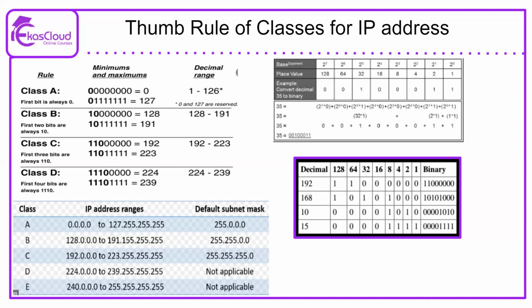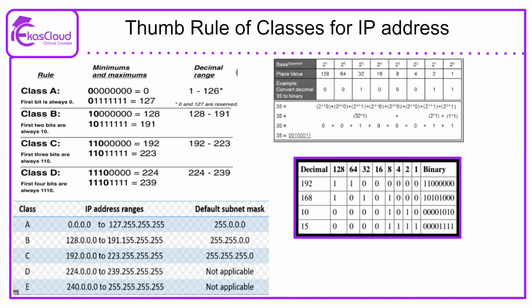When I'm explaining this, we know that a class A IP address is in a certain range. It can start from 0 to 127 in decimal range. But how does the computer know that this is a class A? So basically, again, as I said, the IP address is made up of 2 elements.